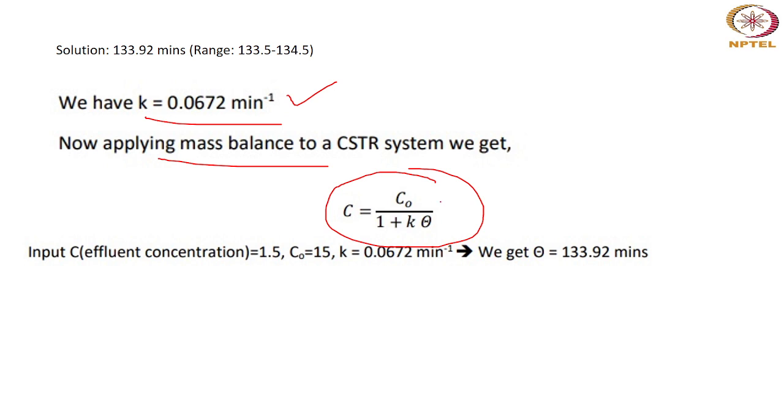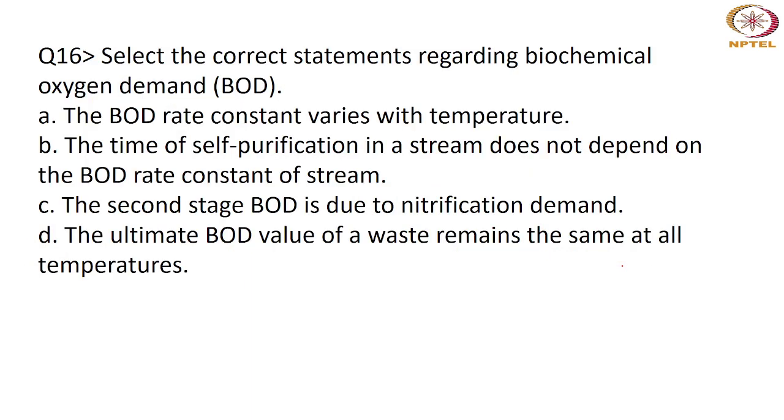Sometimes you also have to remember the equations, like when you are trying to quickly solve numericals and don't refer to the theory. So this is the formula for a CSTR with first order rate reaction: C equals C naught by 1 plus K theta. Just put the values here. C is 1.5, C naught is 15, same thing, K is 0.0672 per minute. Only the formula is different. I'm getting theta equals 133.92 minutes. Please refer to the notes and you will get it.